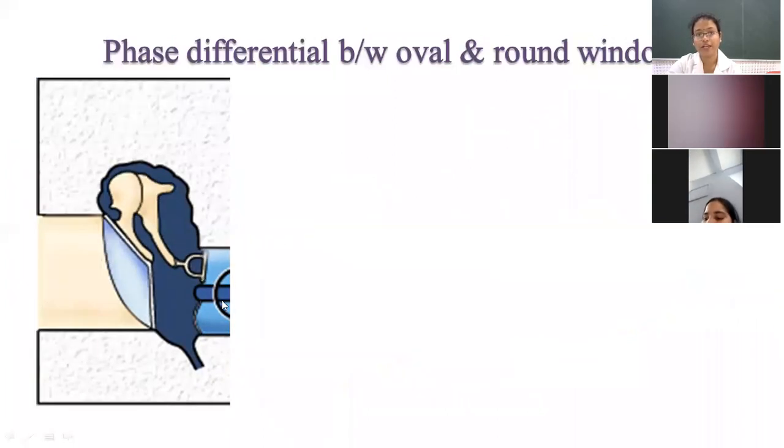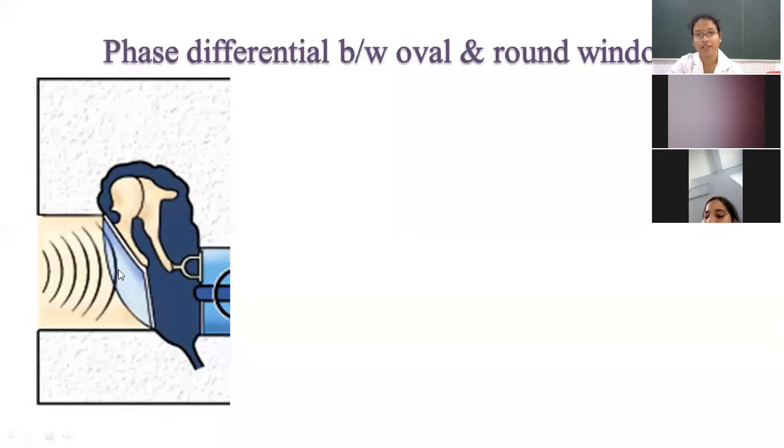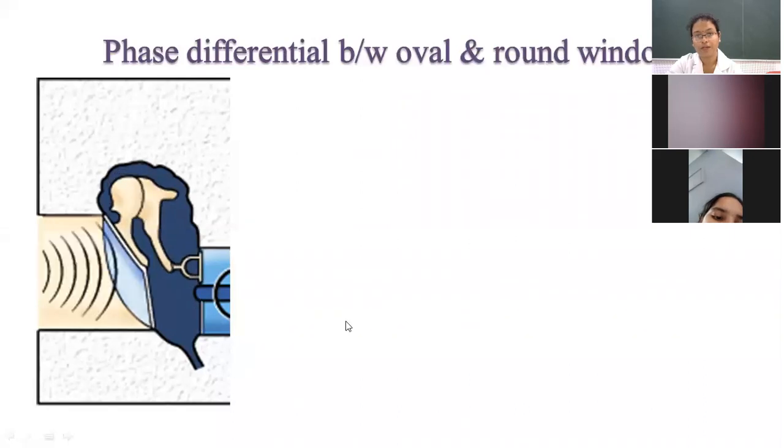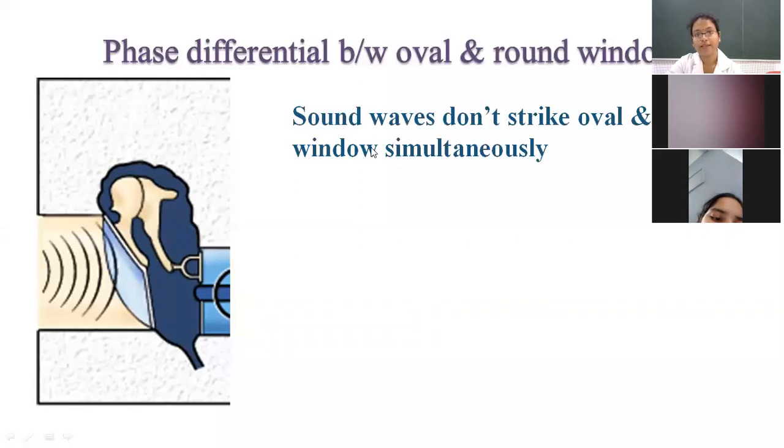I think here you can see it very well. Once the sound wave strikes the tympanic membrane, the ossicles start moving. The footplate will set vibrations in the perilymph here. When the footplate goes in, the round window pops out. So you can say that sound waves don't strike the oval and round window simultaneously.